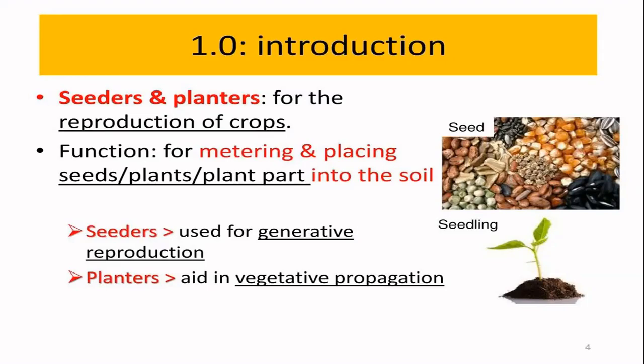Right? Okay, we will see seeders or planters for the reproduction of crop. This is the keyword: reproduction of crop. All these ways come under reproduction. So it is multiplication, production, reproduction.